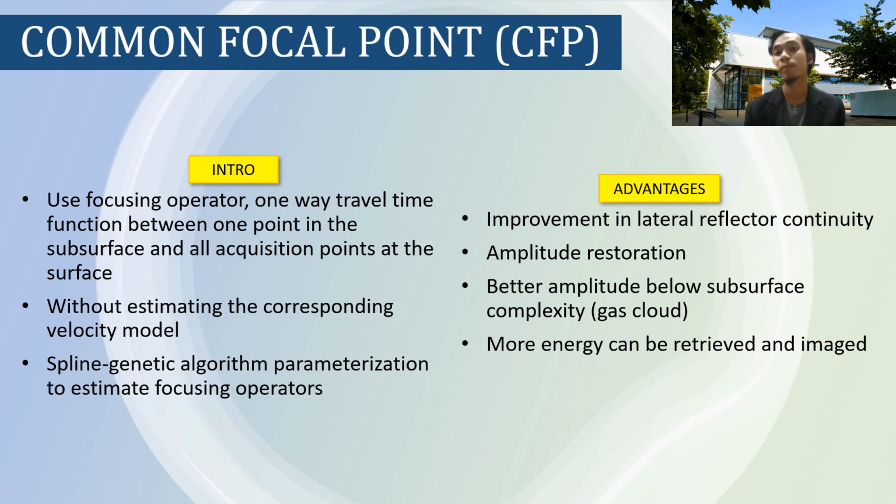This imaging method will improve lateral reflective quality and restore the amplitude in the subsurface. It also gives better amplitude below surface complexity, in this case the gas cloud. Then, if the amplitude has been restored, more energy can be retrieved and imaged, which will lead to better interpretation.